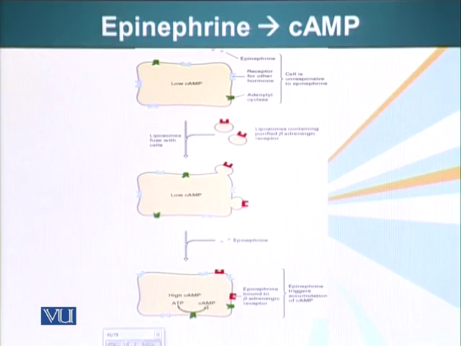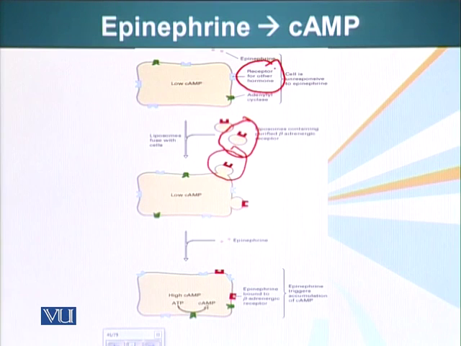How do we know that this actually happens? A simple experiment was designed. Take a cell which does not respond to epinephrine, which has adenylyl cyclase, and has receptors for other hormones, but not for epinephrine. We can make liposomes, small vesicles which contain the receptor for epinephrine, and fuse them with this cell.